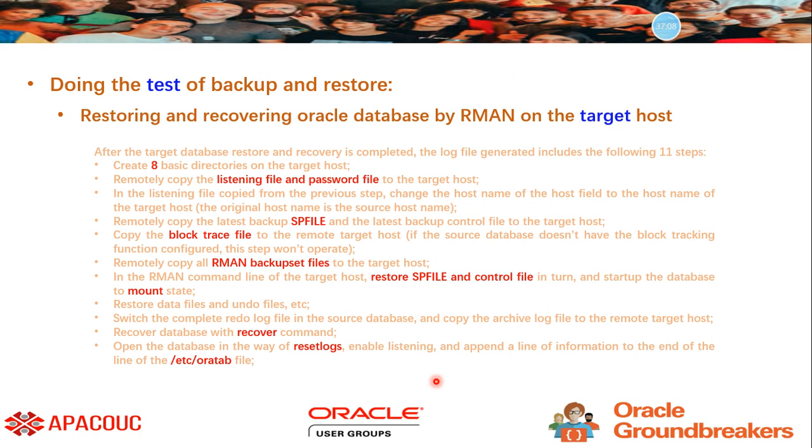For example, finishing scp of the listener file, password file, and all RMAN backup set files to the target host, restoring data files and undo data files, and so on, from 1 to 11, totaling 11 steps.